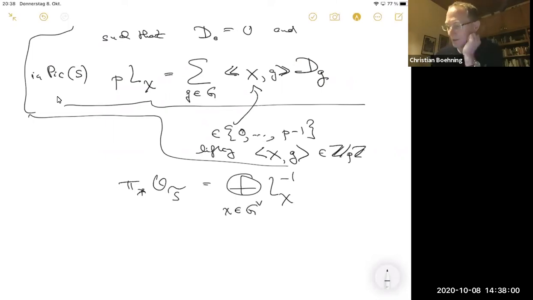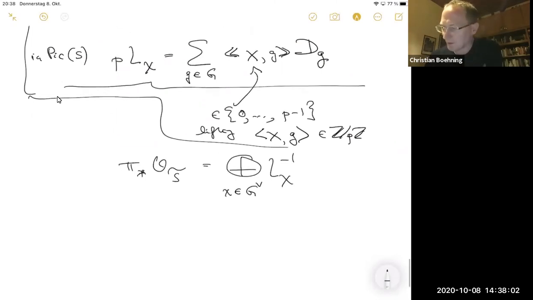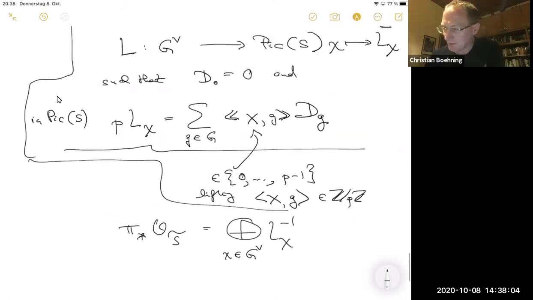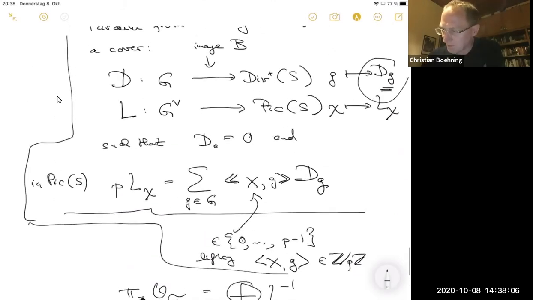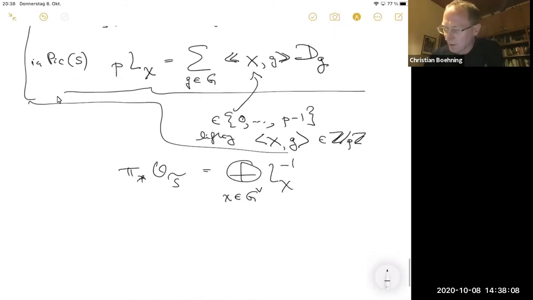On the other hand, how do you get these labels for the DGs? You start with some irreducible component of the ramification divisor upstairs, and you look at its inertia group, the group of elements in G that fix that component pointwise, and this turns out to be cyclic.